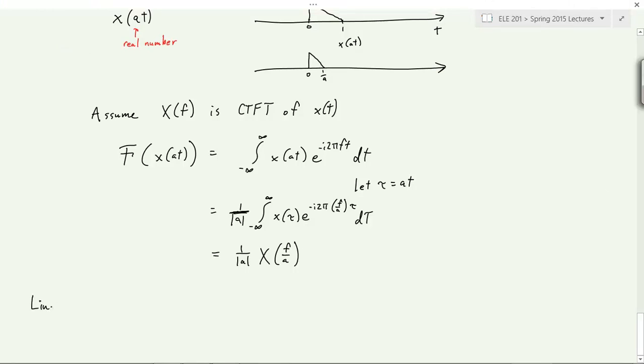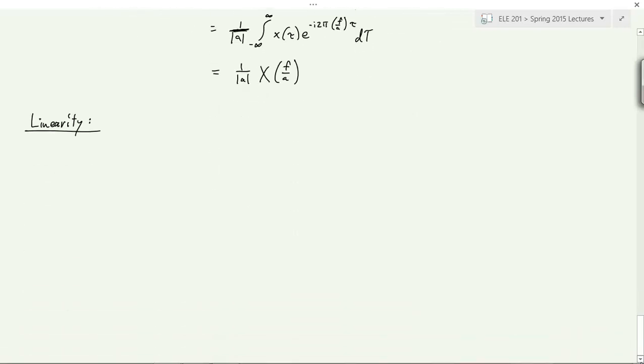Let's do linearity. We saw when we did other linear transforms, we mentioned linearity. Let's just mention it again a little more carefully. Linearity always has two requirements to call something linear. You should have the so-called superposition property.